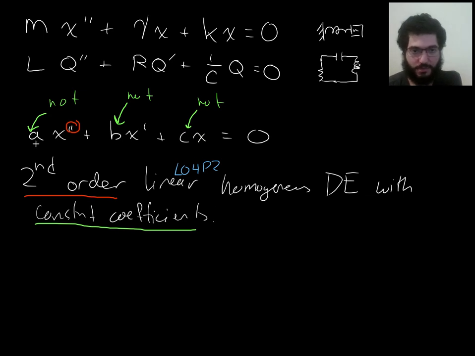So I want to explain how this is a linear differential equation now. And then homogeneous has to do with the same kind of topic. So linear differential equation means it's a linear system in the following sense.